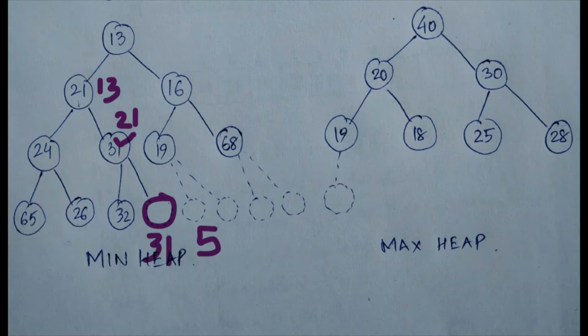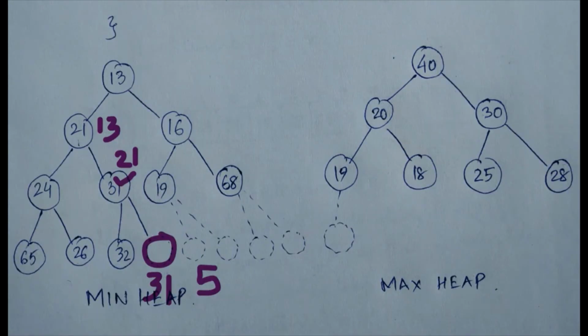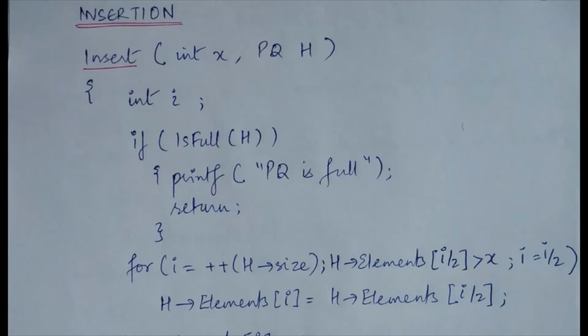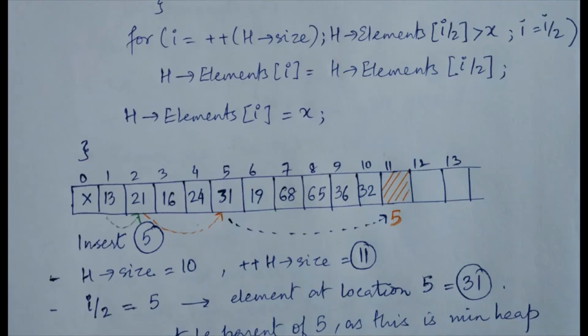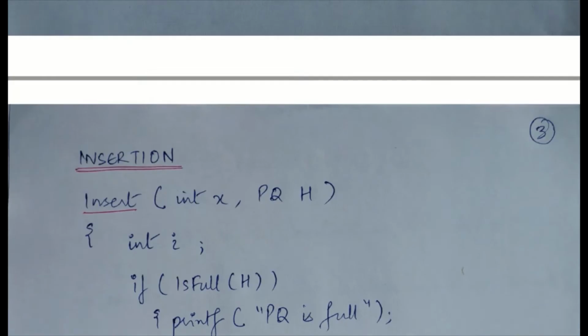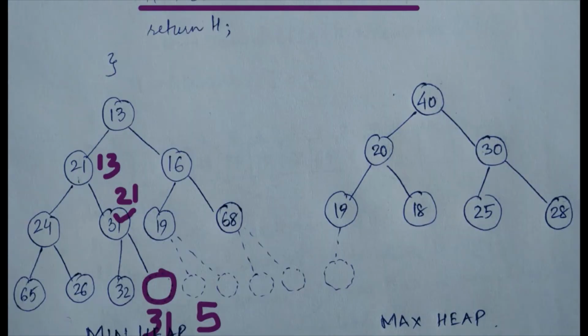What is the parent of 13? 13 is itself the root, but if you see, the parent of 13 is the location 0. The parent of 13 is actually 0, which is the minimum value. So when you compare 5 with the least value, the least value is less than 5, so 5 will straight away go here.